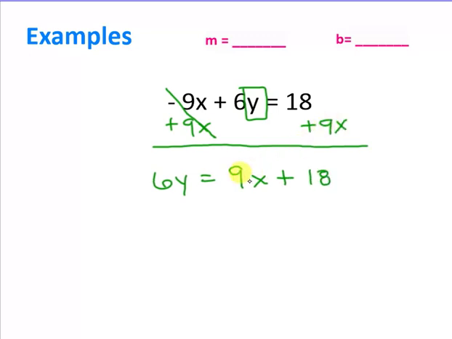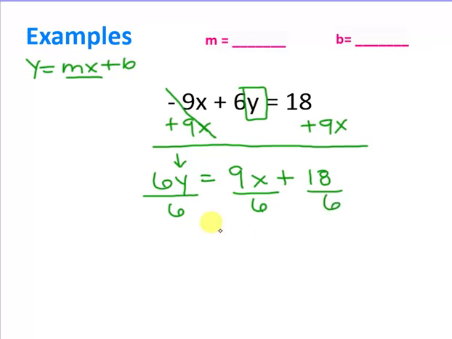Now the reason why I bring down that 9x first is because the whole point is I'm trying to get it into y equals mx plus b, and I need that x to be first, okay? Now I need that y by itself, so I'm going to divide by 6, but I'm dividing everything by 6. This is going to cancel.